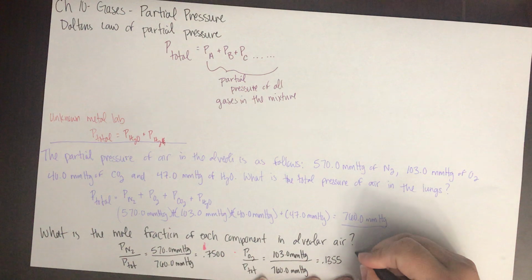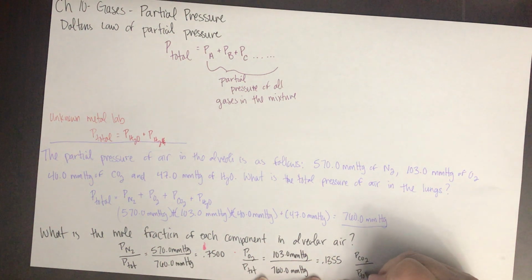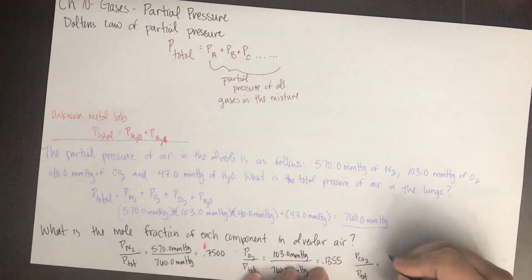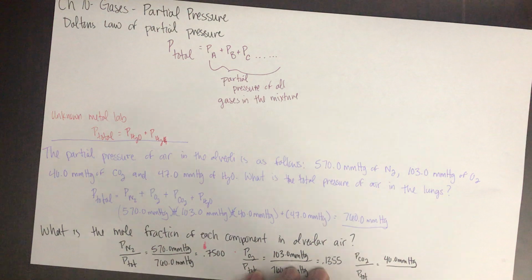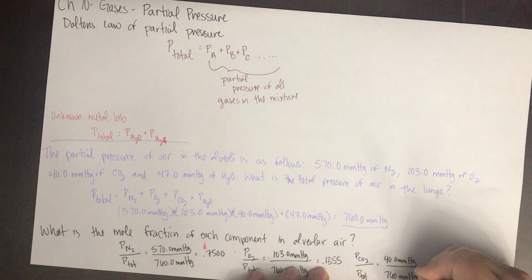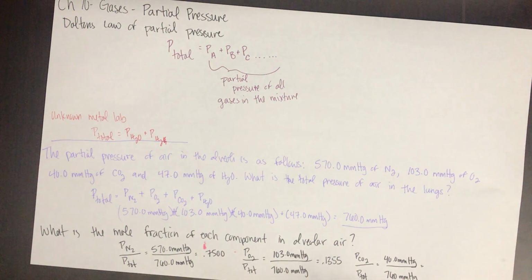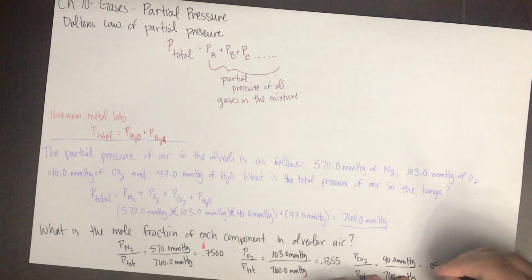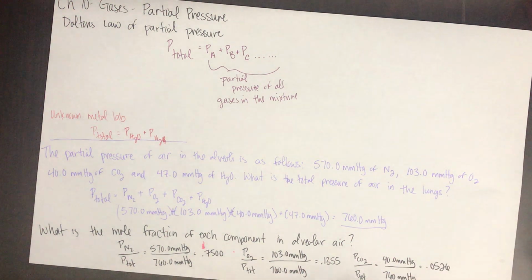Let's look at carbon dioxide. That would be about 0.0526, so about 5% if you were to convert it.